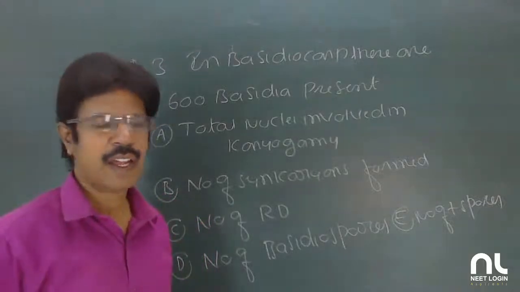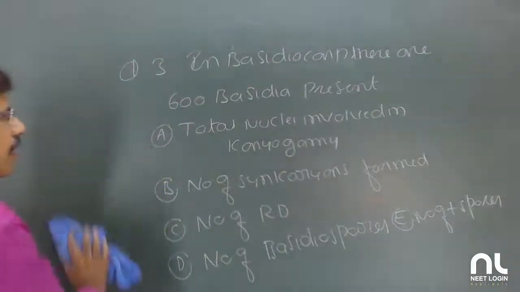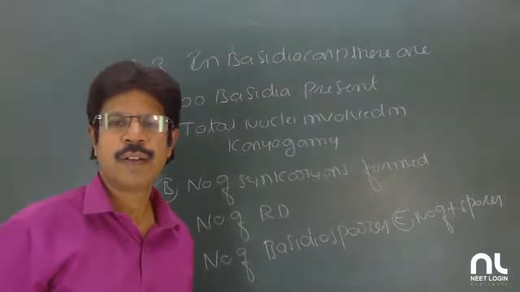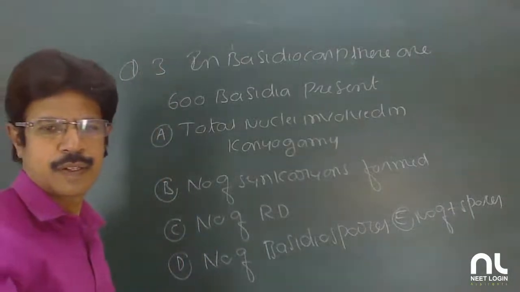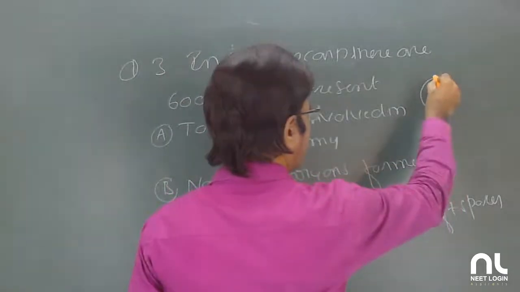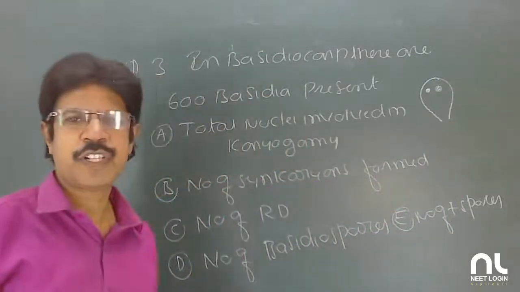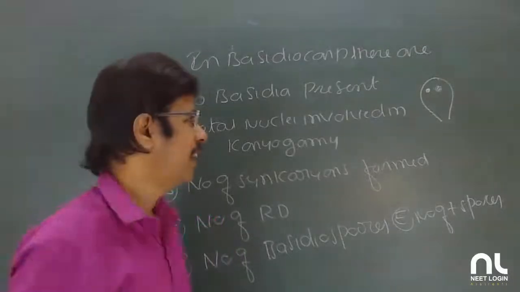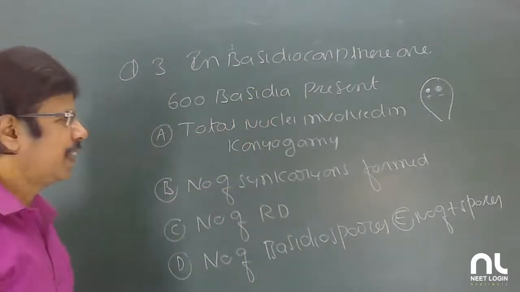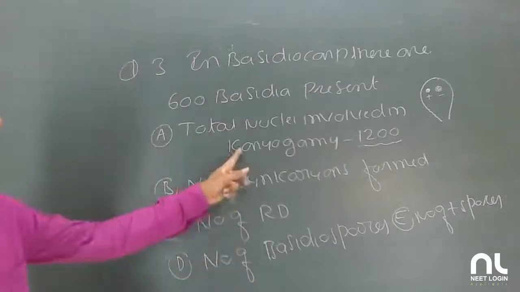In each basidium, how many nuclei are involved? Two nuclei are involved in each basidium, a plus nucleus and a minus nucleus. 600 basidia are present, so in each basidium 2 nuclei, how many nuclei are involved? 1200 nuclei are involved in karyogamy.